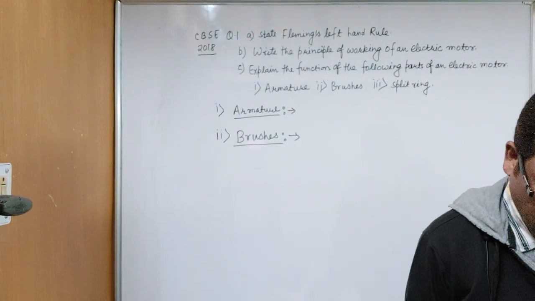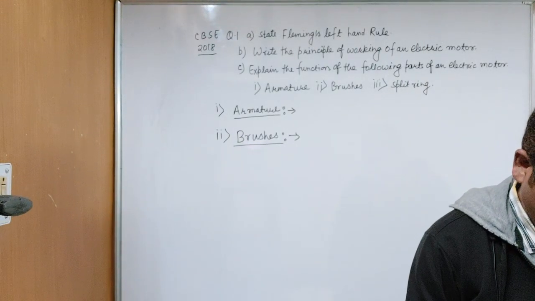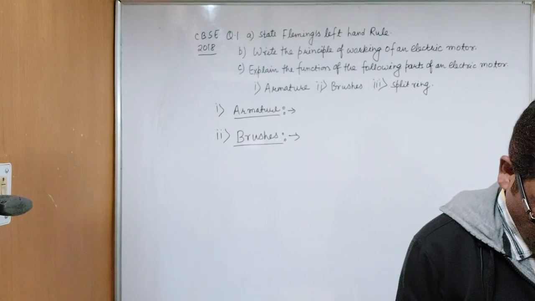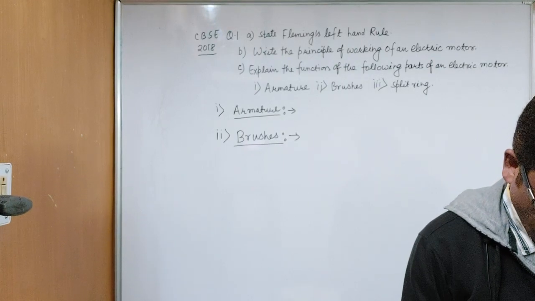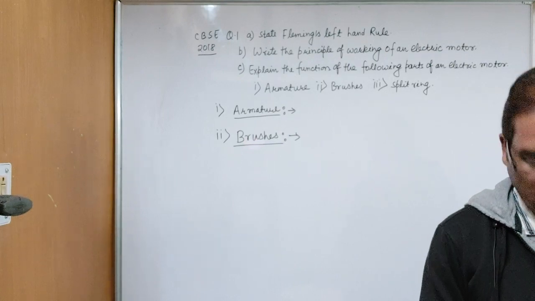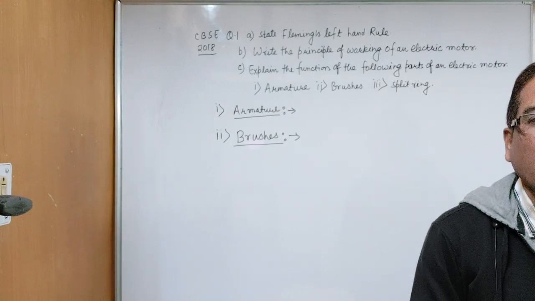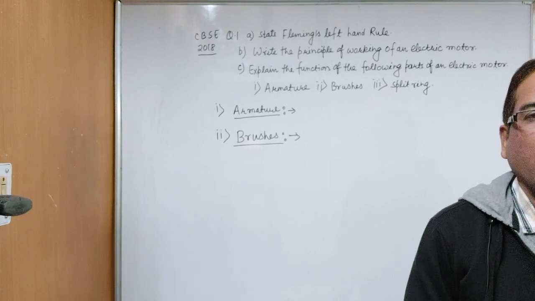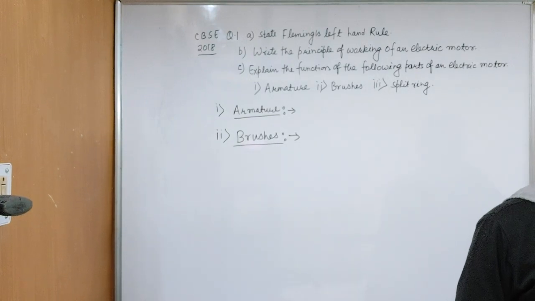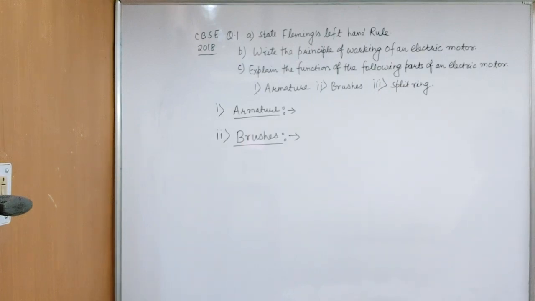In your book, I think X and Y are the brushes, and P and Q are the split rings. And these carbon brushes are stationary, and they make contact with the rotating rings. So write down the function of brushes.